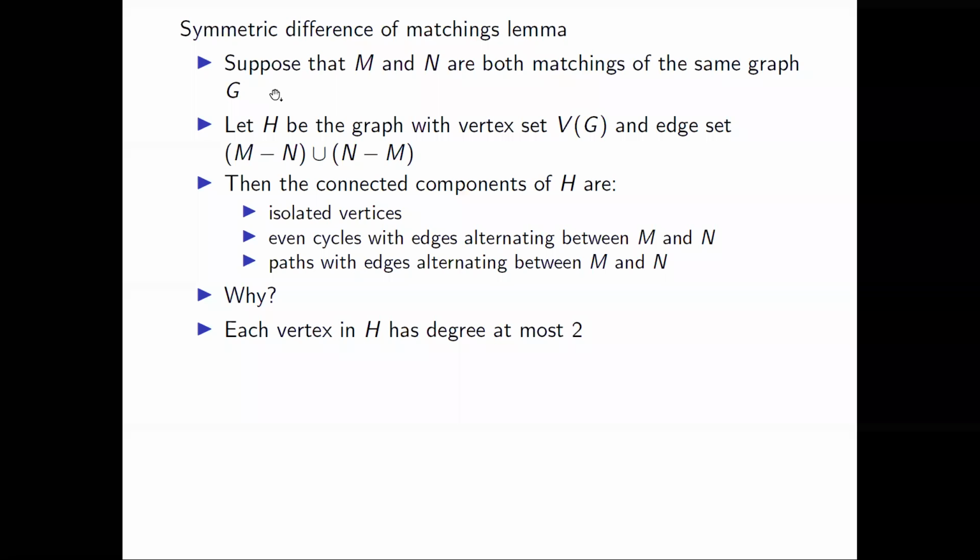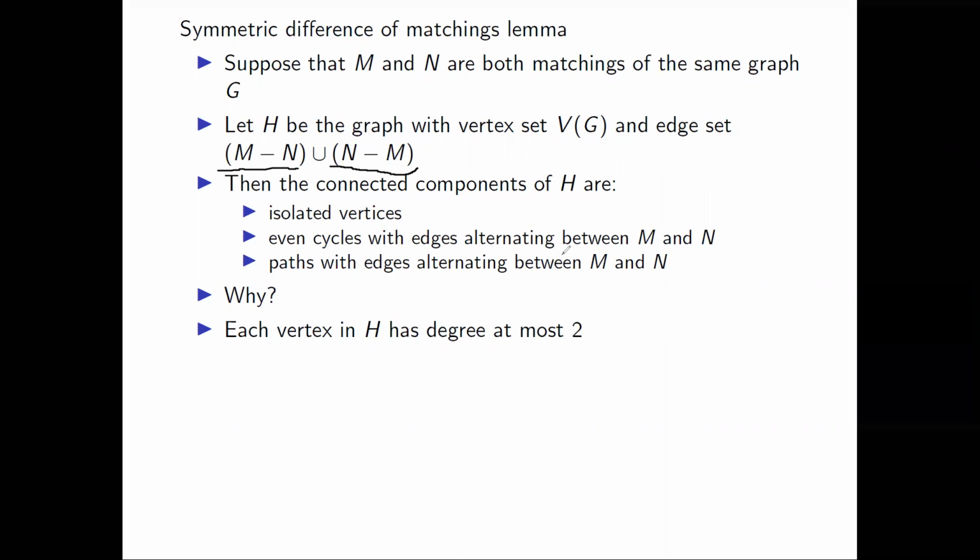The edges are going to be edges from M and edges from N. And it's not even all the edges from M and all the edges from N. It's only the edges from M that don't occur in N and the edges from N that don't occur in M.